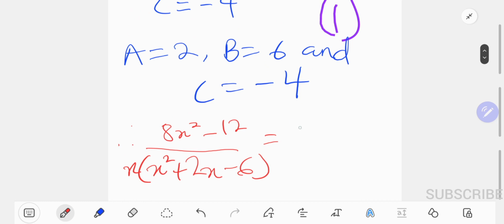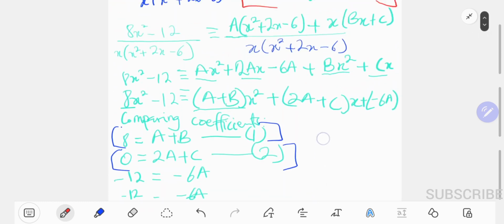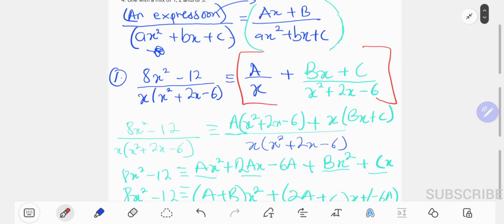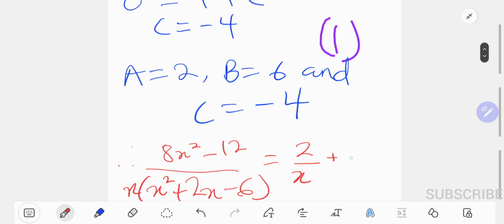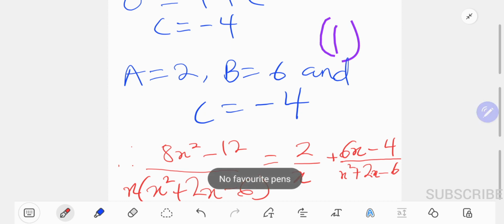So we are going to have 2 over x plus, the next is bx plus c. What was b? B was 6, right? And c was negative 4. So we are going to get 6x minus 4, and the whole of this over x squared plus 2x minus 6. Okay, so this will be our final answer for the fraction.